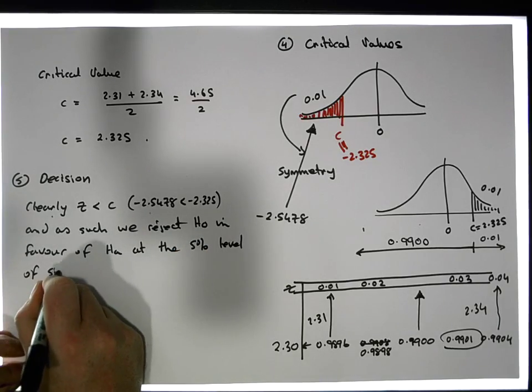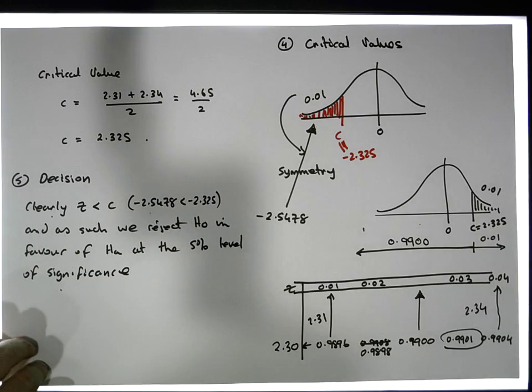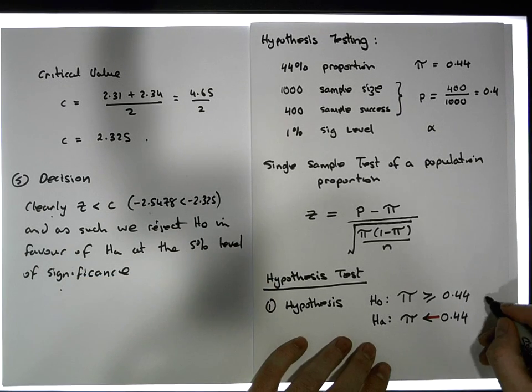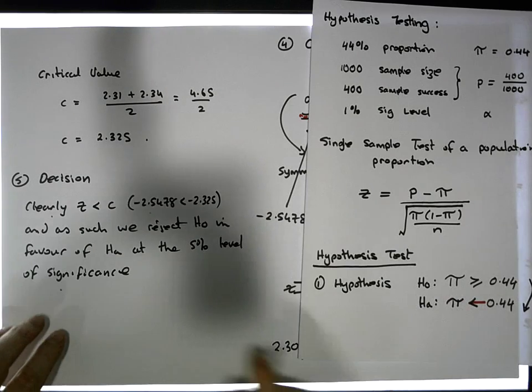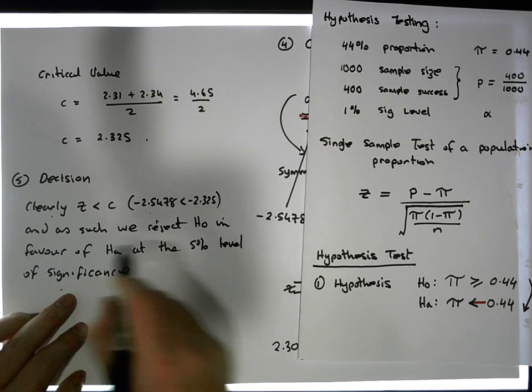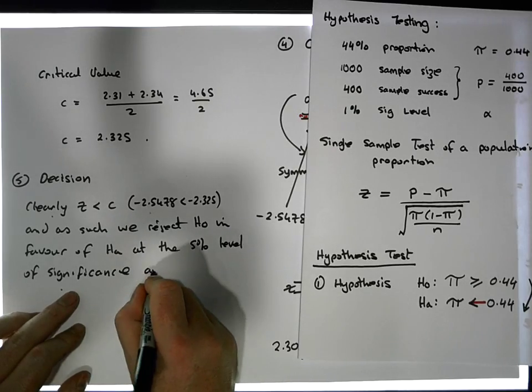And now we do the magic bit. We're rejecting. So now we can make our inference. So we reject H0 in favor of HA at the 5% level of significance and infer.